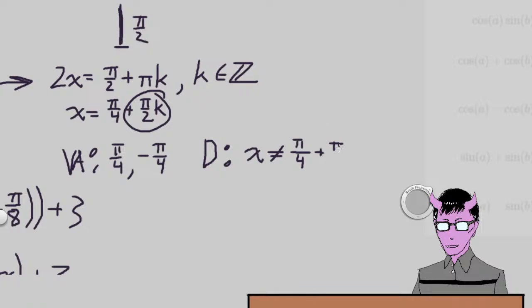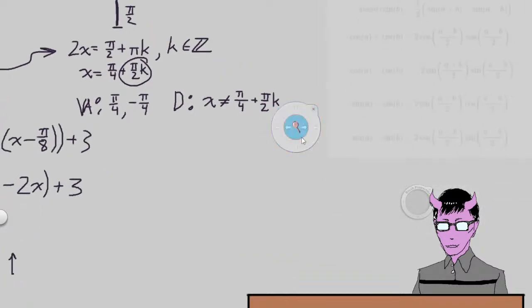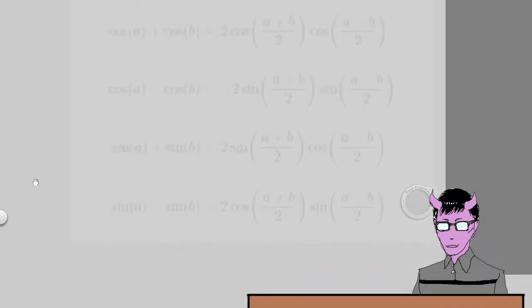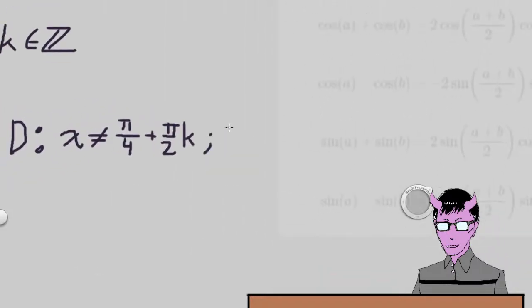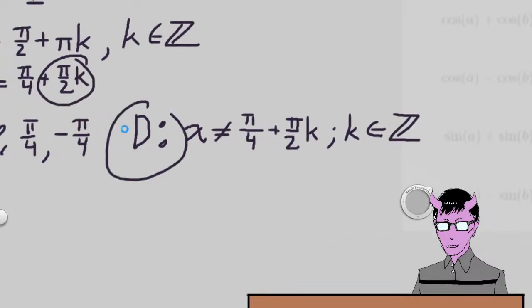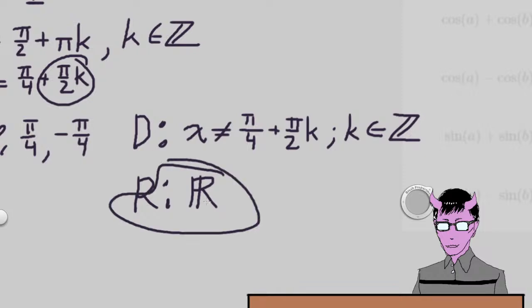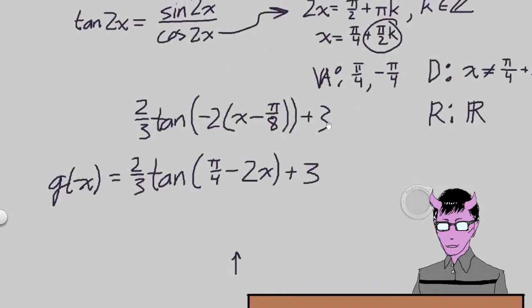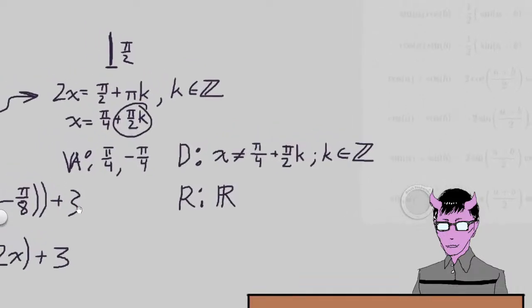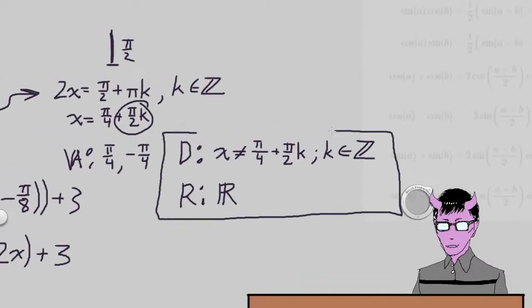So we'll just put this one right here, k is an element of integers. And then the range, if you recall from the last time's graphing, the range is all real numbers. We'll talk about this more in detail when we actually get to the graphing. But for now, that's just to find the domain and range.